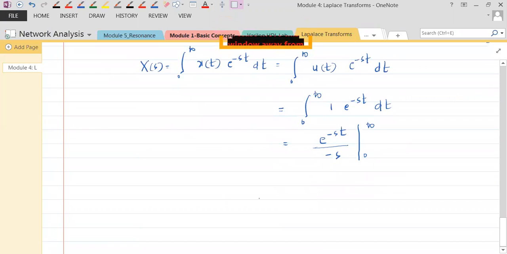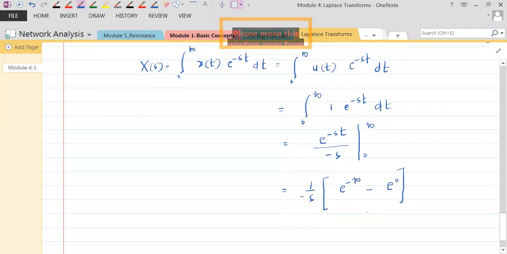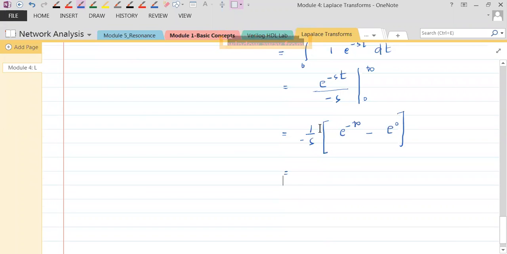Keep 1 by minus s out, and what is the application of the limits? It is e power minus infinity minus e power 0. What is e power minus infinity?